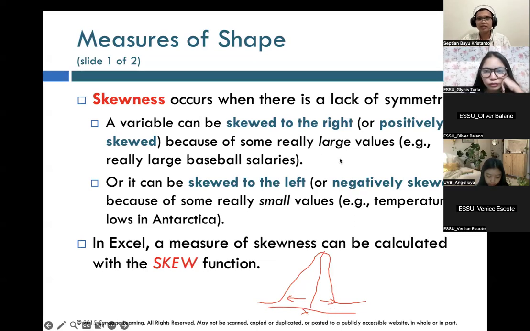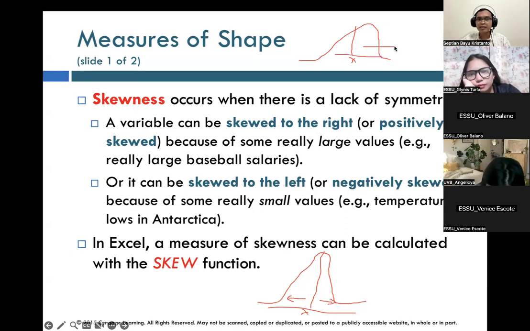But sometimes the data will be divided into two kinds, skew to the right or skew to the left. Skew to the right, like this one, means that your data contains lots of scores above the average.